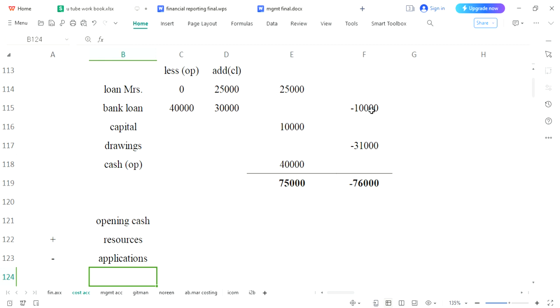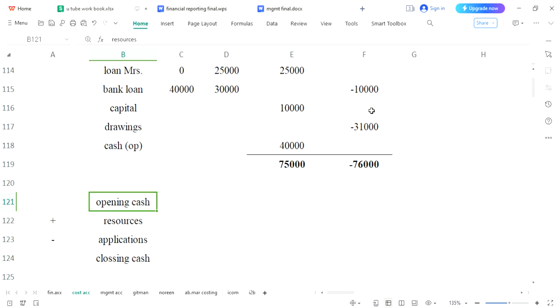What you will get would be your closing cash. So this is your check, or you are proving that what you have done is absolutely right.